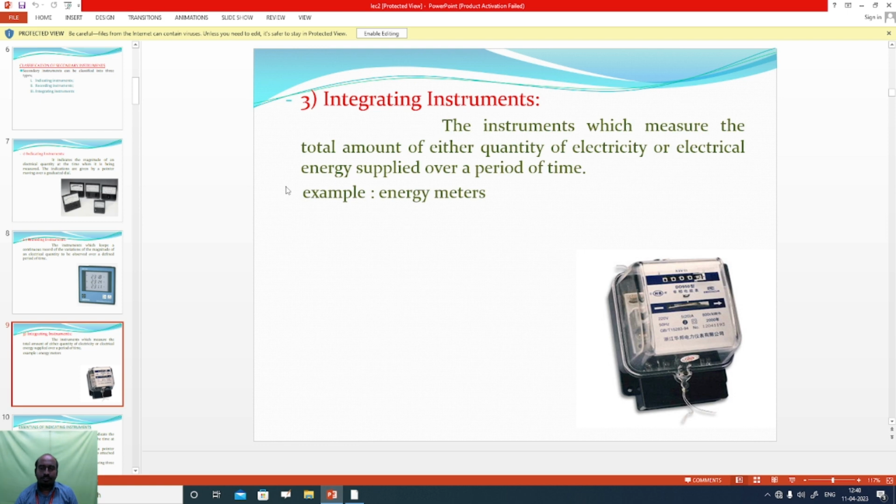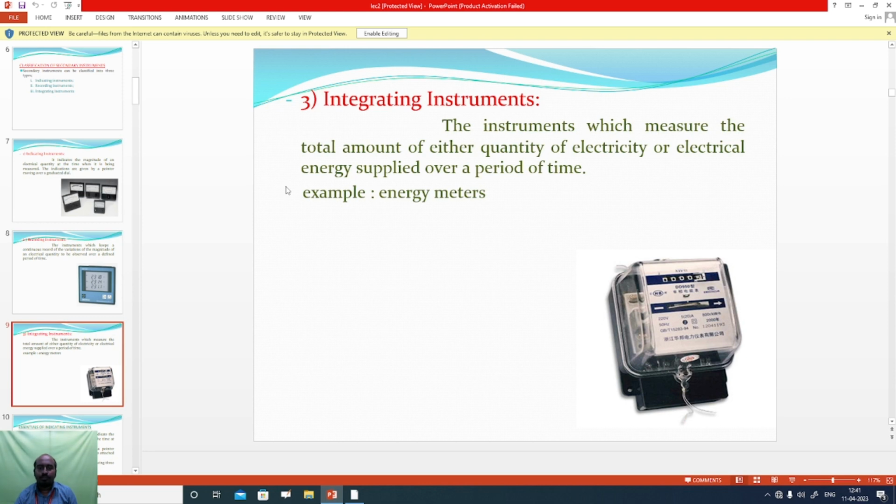The integrating type instruments. One of the main examples is an energy meter, the household energy meter. Integrating means for a period of time. That means the measurement is done over a period of time, not at a particular point of time.